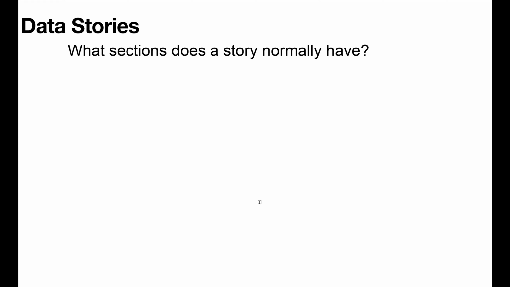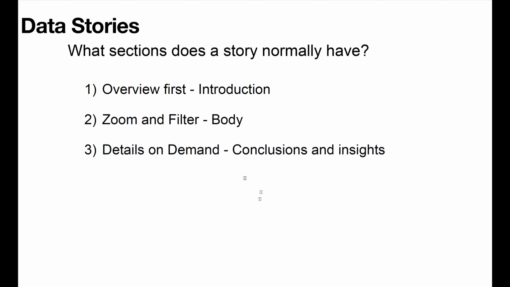What sections does a story normally have? Well, we have an introduction, a body, and conclusions, a finish. And so this is the same organization that you should follow for any story that you're trying to tell using visualizations of your data.